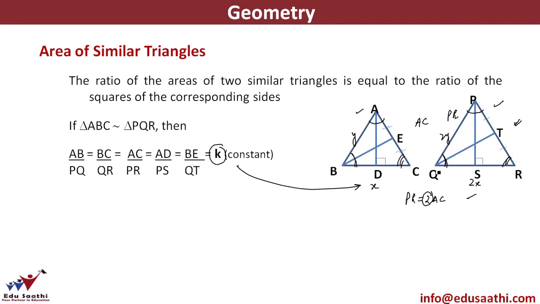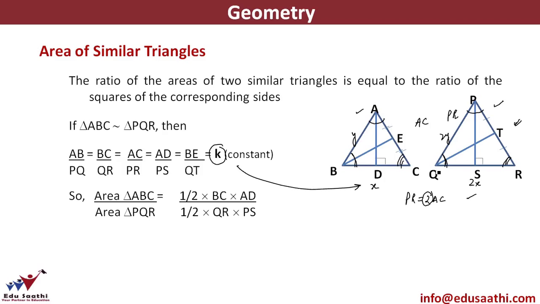So whenever this happens, the area would be half into base into height. Now the ratio of the base of the two triangles is K. The ratio of the height of the two triangles is also K. So I get an answer which is K square. Whenever two triangles are similar, the ratio of their sides is K and the ratio of their areas would be K square.